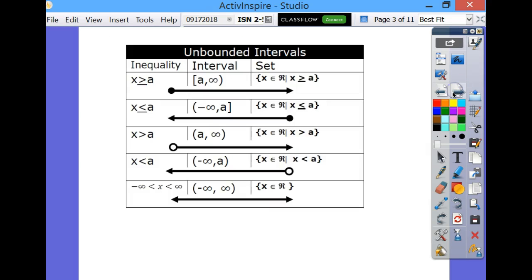And this second chart is what if you only have one endpoint. If you only have one endpoint, what do you see first every single time? X. If you just have one endpoint, does the endpoint come first? No, the X comes first.